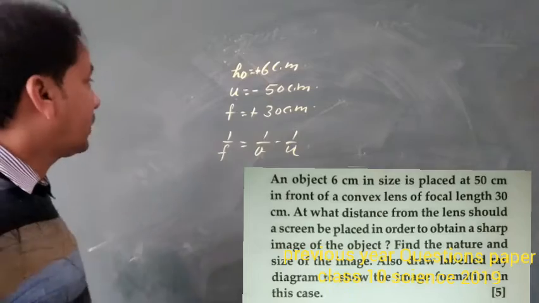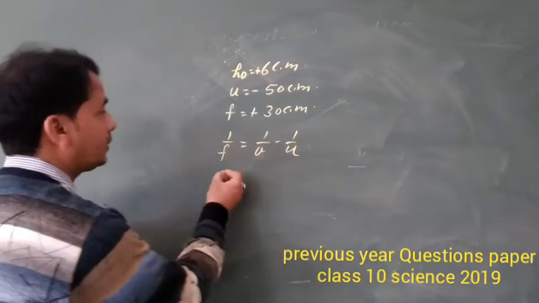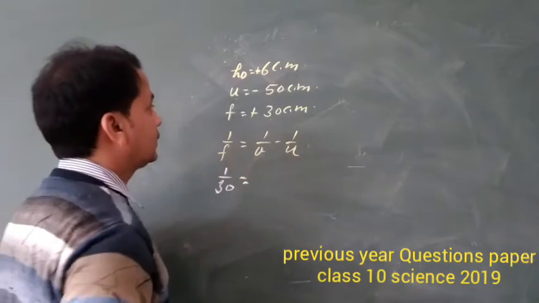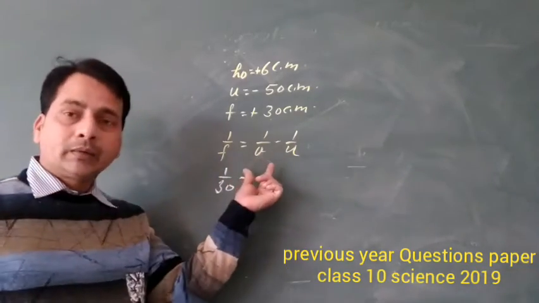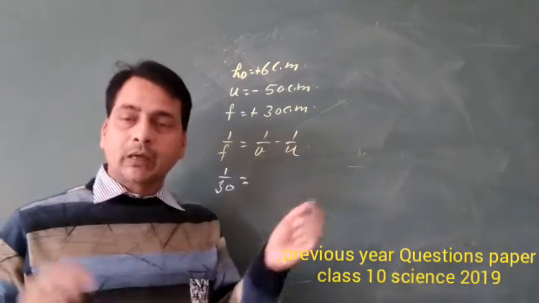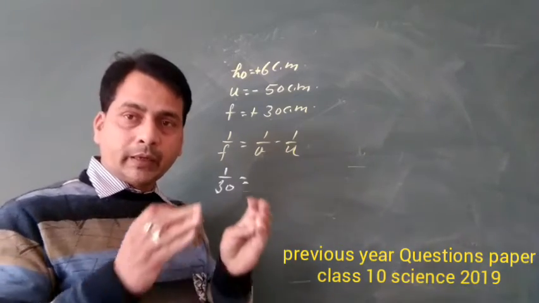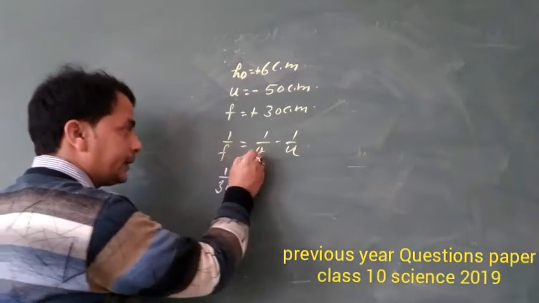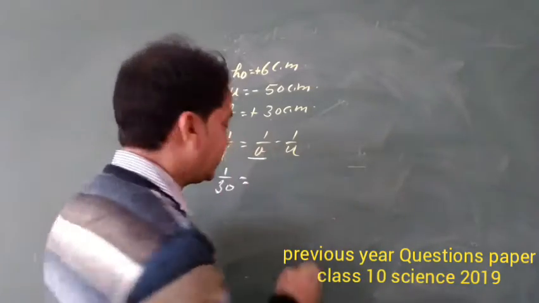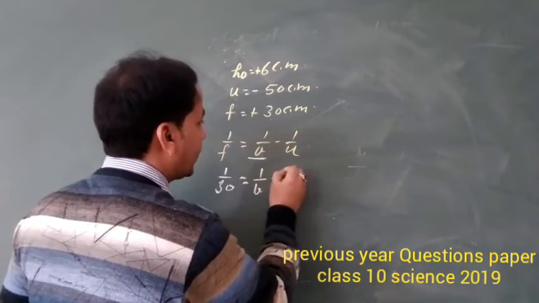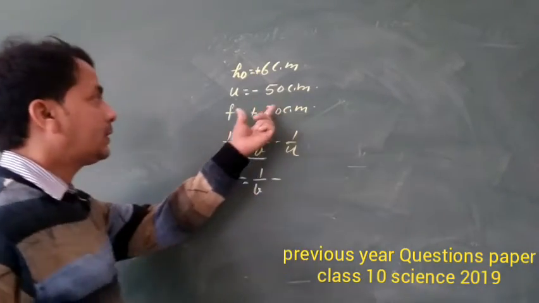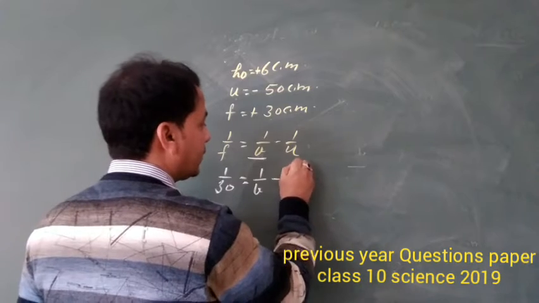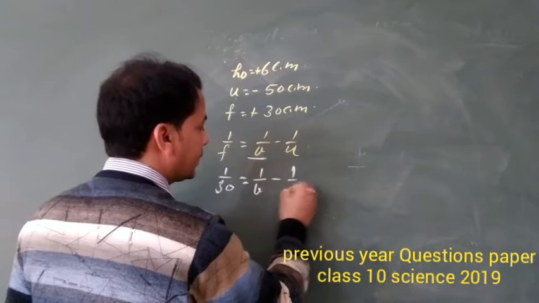So put the values here: 1 by f is 1 by 30, and v is the position of the image, meaning the image distance from the pole, and minus 1 by u, where u is the object distance, is 1 by minus 50.